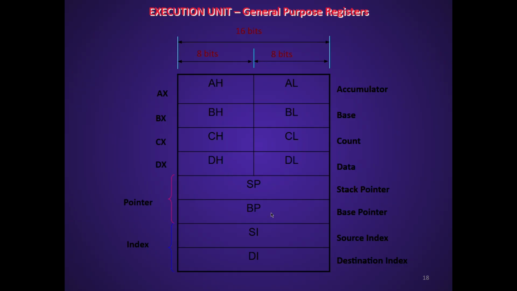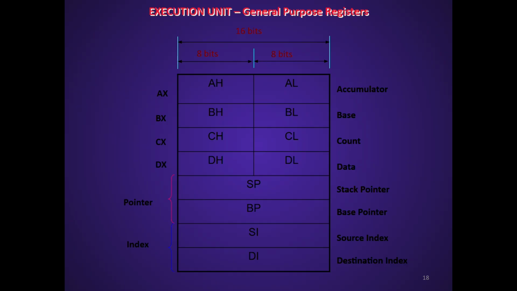There are two pointers in the general purpose registers, which are the stack pointer and base pointer. Then we have index registers; there are two, the source index and destination index. Overall, these general registers are used for performing programs on the microprocessor.